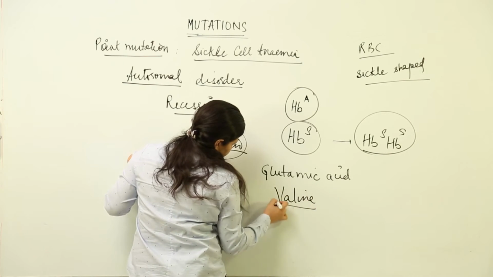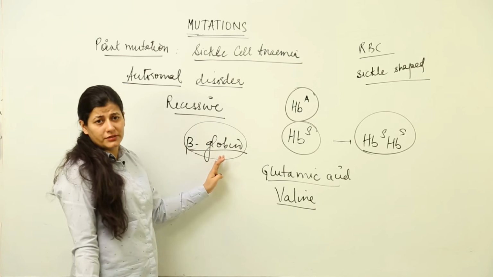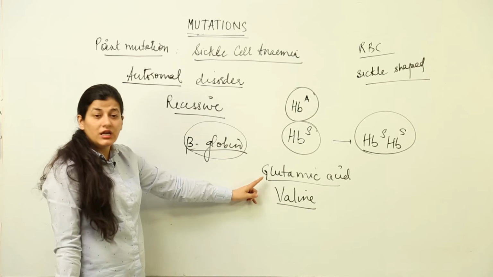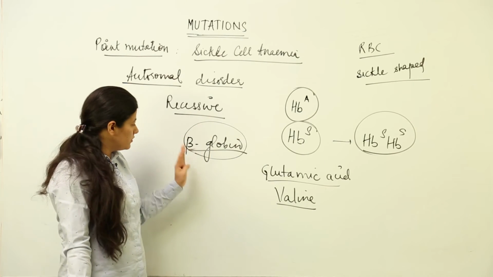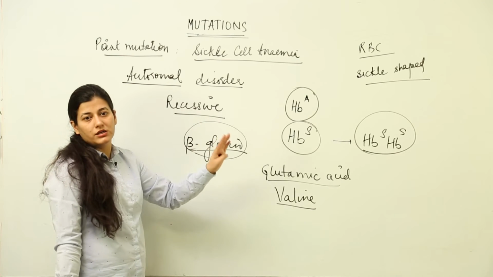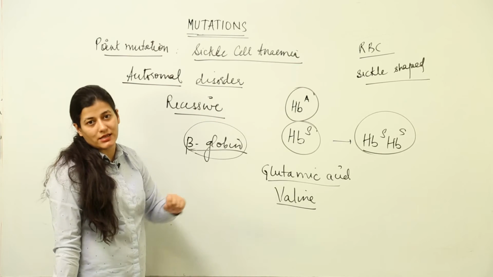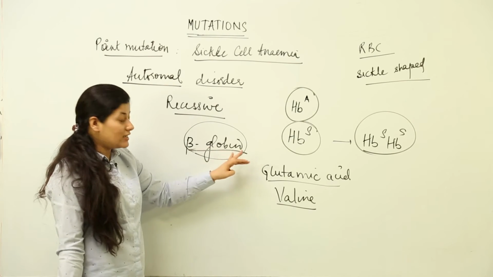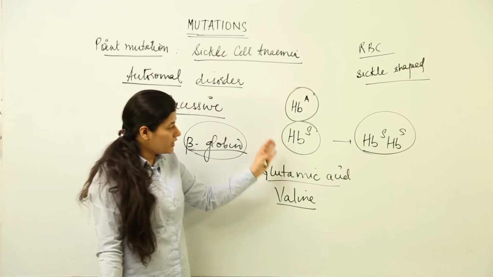Then the beta globin that is formed because of this interchanging is mutant. Under low oxygen conditions, this mutant beta globin undergoes polymerization. It makes the RBCs take a sickle shape. So firstly, it is an autosomal recessive disorder, HbA, HbS.